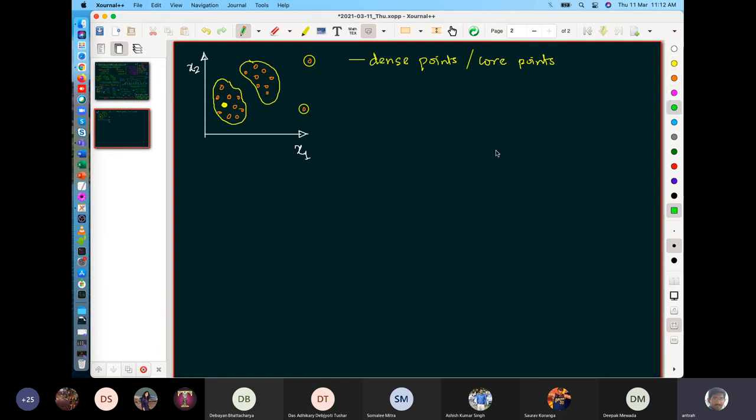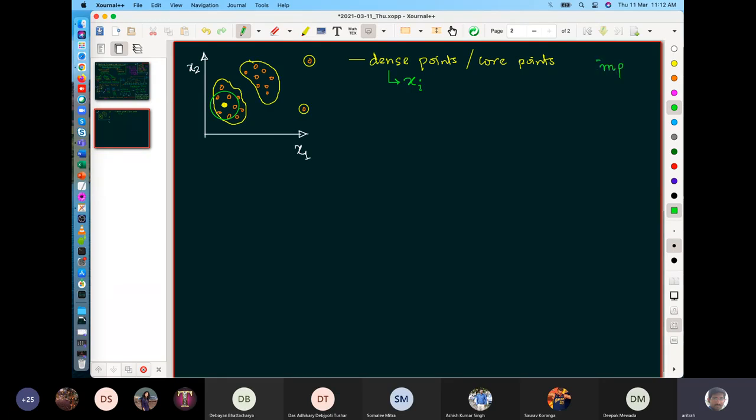The definition goes like this: a point xi is said to be a dense point if I draw a circle around that point with a unique radius, and I find that there are more points than my allowed points.